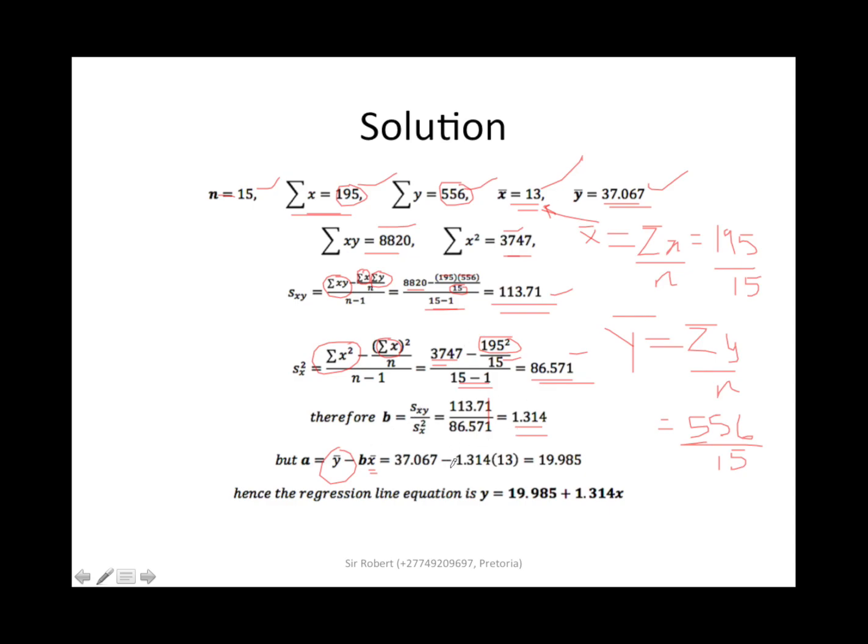You input these figures and simplify, and you're supposed to get 19.985. Hence your regression line equation is y equals 19.985 plus 1.314x.